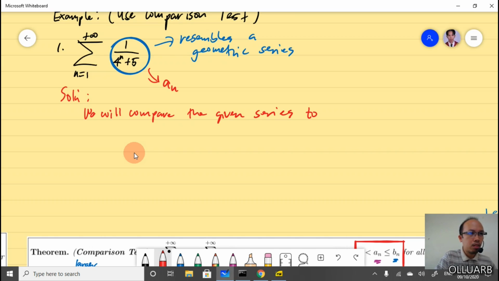Our given series is this one, but we will compare it to summation of 1 over 4 to the n, where n starts from 1 to positive infinity. It starts with 1, so the series that you compare to must also have its index start with 1.